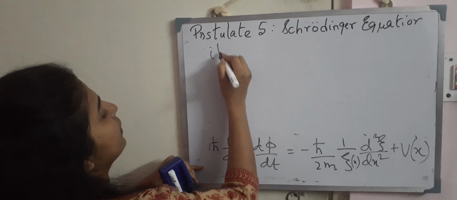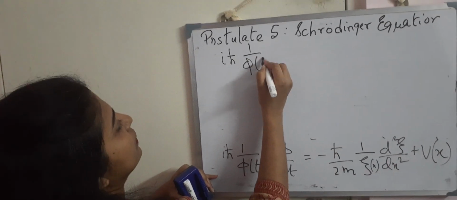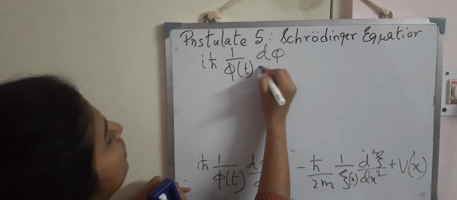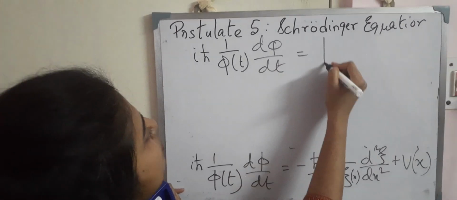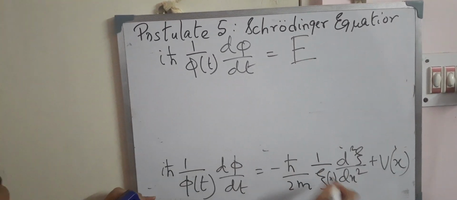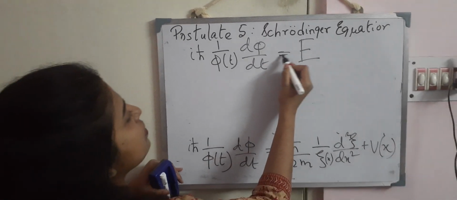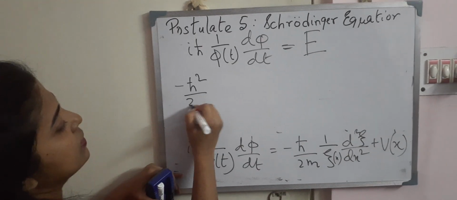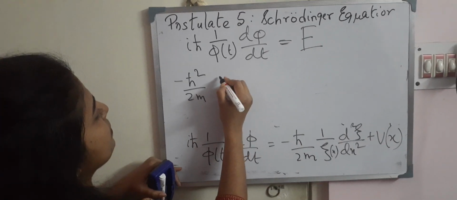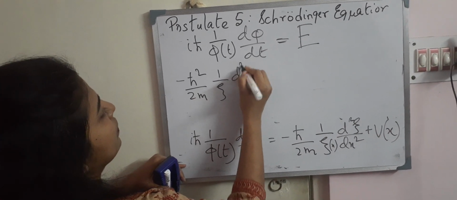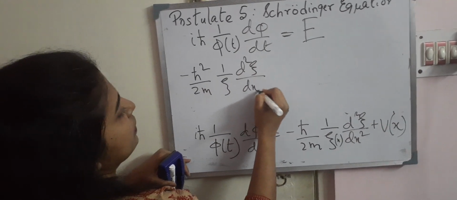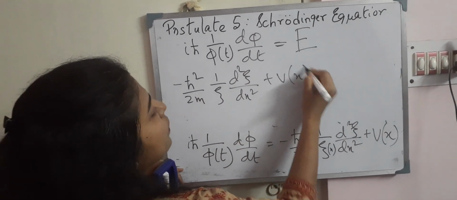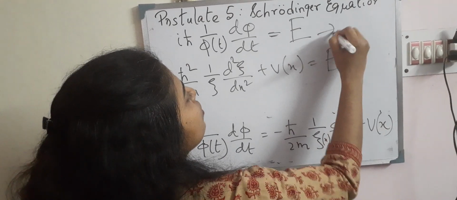So therefore I can write that this is equal to some constant, and both of them are equal to the same constant, so that constant I name as E, and the right hand side, this right hand side equation, is also equal to E, where E is a constant.